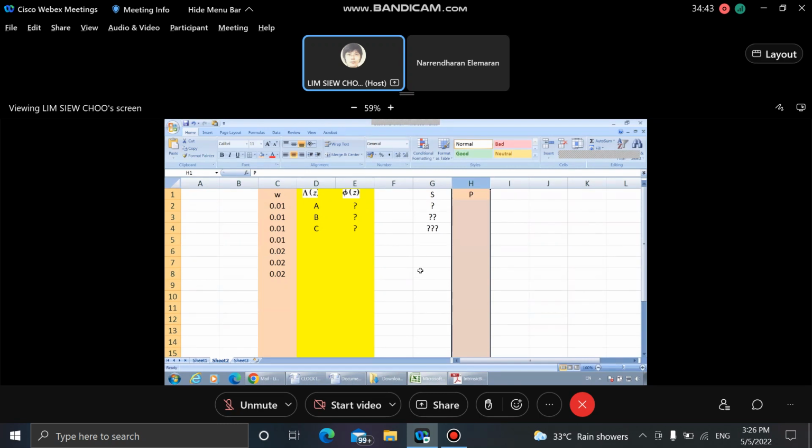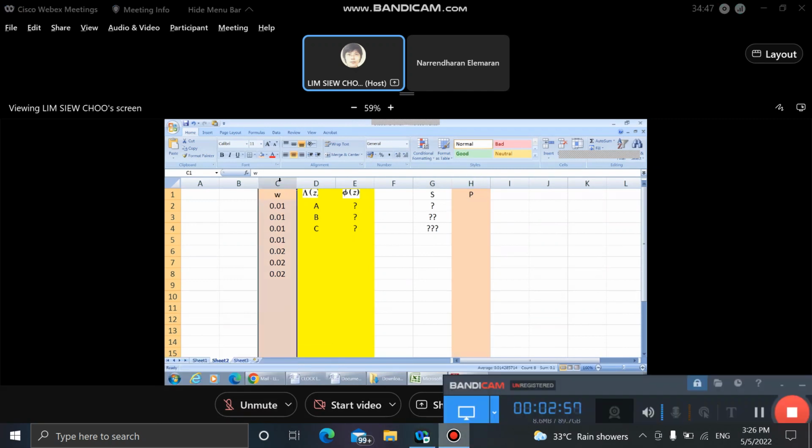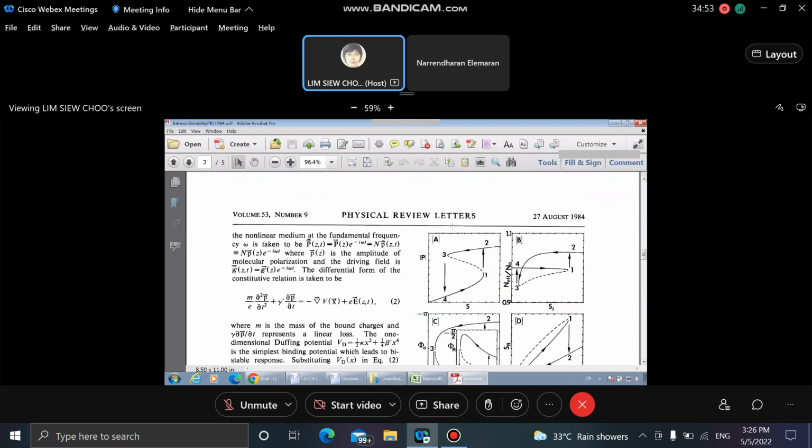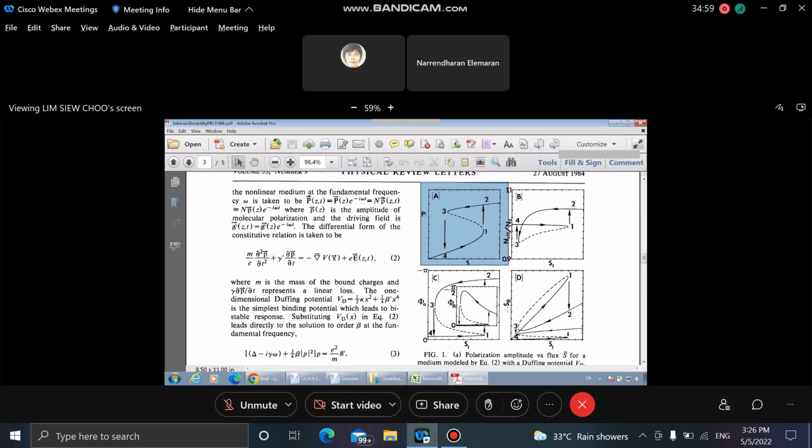So after you solve this, then you can find your P, and after this you plot the P versus omega. You hear what I say? So you plot the P versus omega, also a kind of showing the bistability, because the graph here, the author fixed only one omega. When you want to plot the graph, you can fix the frequency and change the intensity.